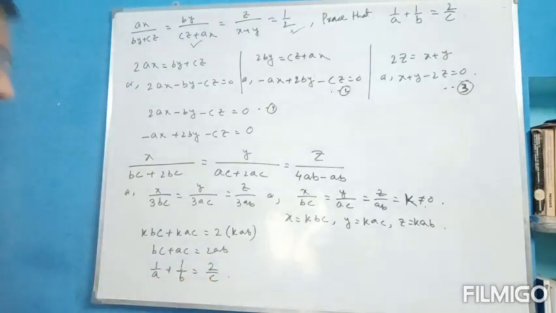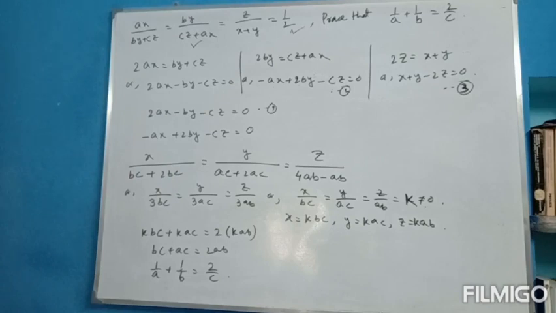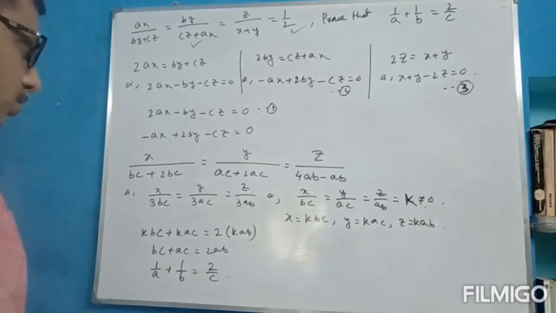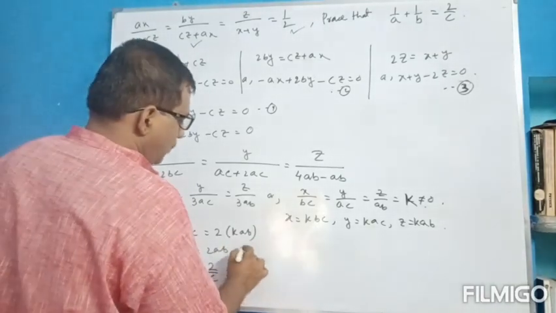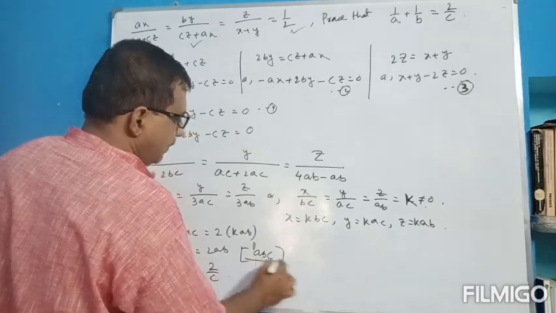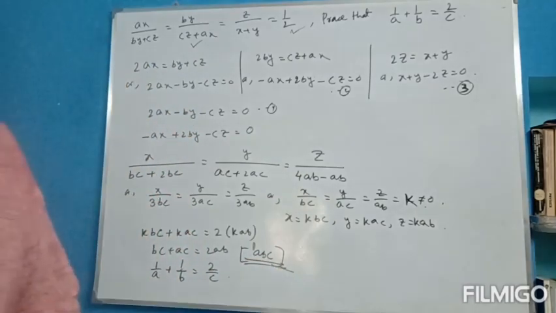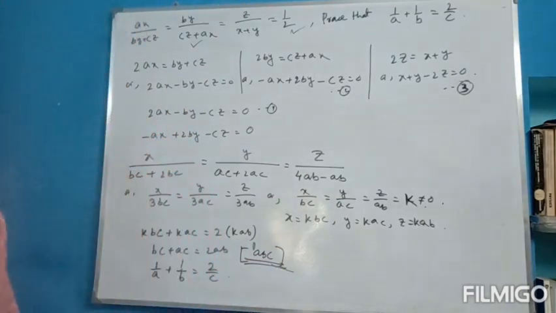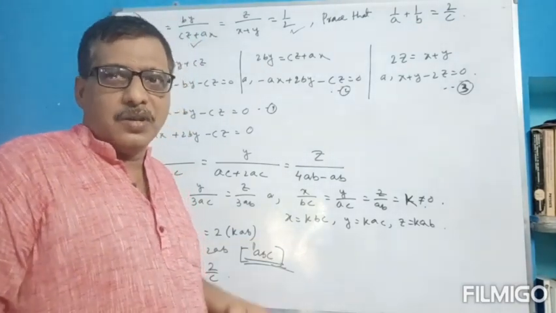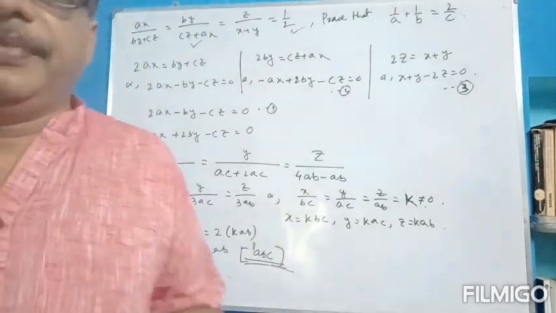Now dividing both sides by abc, we get 1 by a plus 1 by b is equal to 2 by c. Dividing both sides by abc, we get the result. Now it is clear. So in ratio and proportion we can use cross multiplication also. Is it?